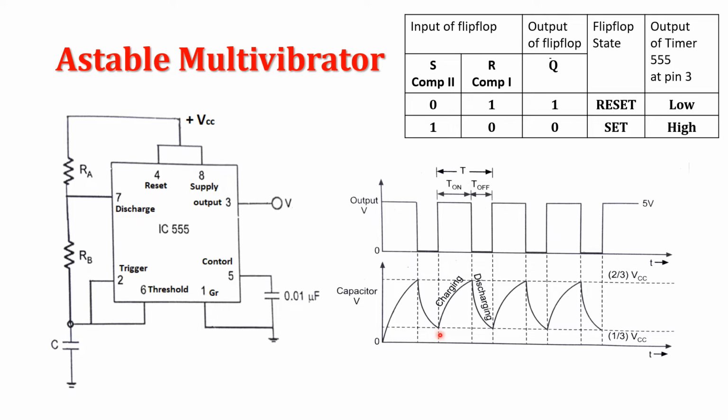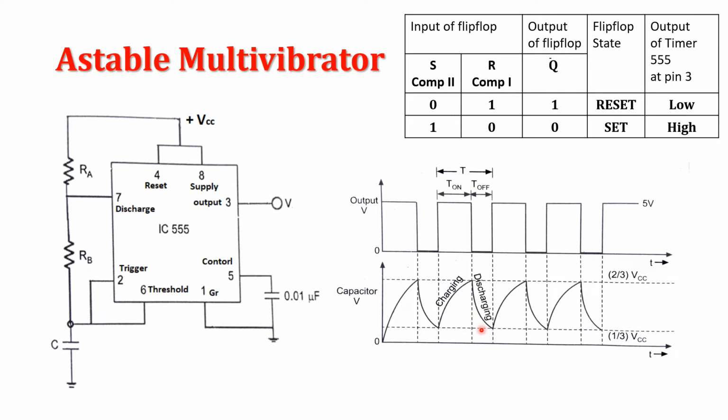If the voltage across the capacitor is slightly below 1/3 VCC, then again comparator 2 becomes high and the flip-flop is in the set state. The output of the timer becomes high, in that region. Again the capacitor starts to charge. When it again reaches 2/3 VCC, that process continues.